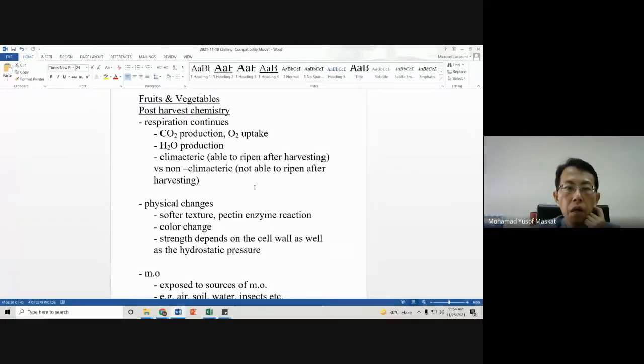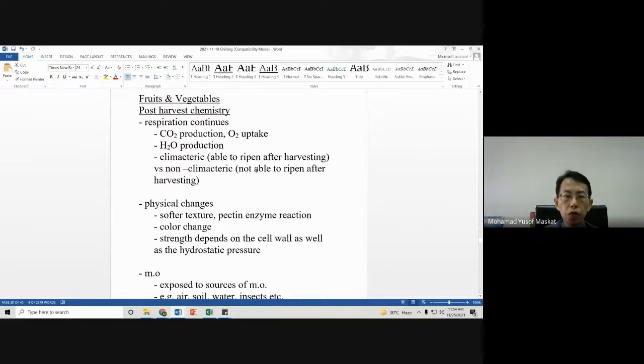So let's look at the post-harvest chemistry. We don't call it post-mortem because we don't consider fruits and vegetables as living organisms. We call it post-harvest, meaning after we have separated it from its parent plants, or we have pulled it out for processing, for consumption.